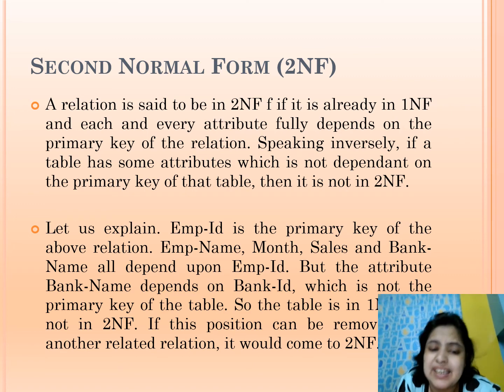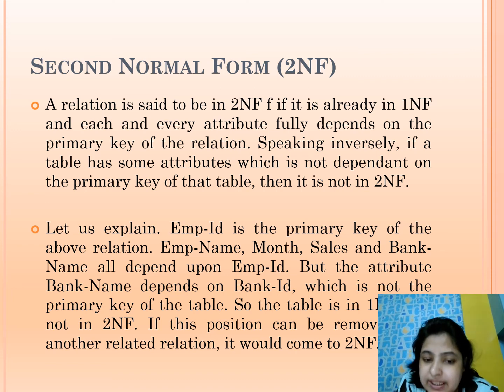Second normal form: a relation is said to be in second normal form if it is already in first normal form and each and every attribute fully depends on the primary key of the relation. Speaking inversely, if a table has some attributes which are not dependent on the primary key of the table, then it is not in second normal form.